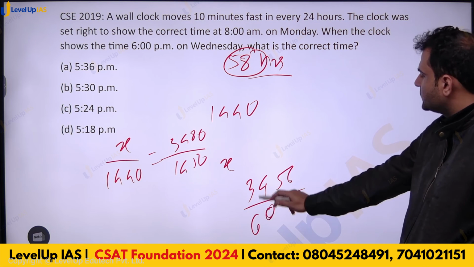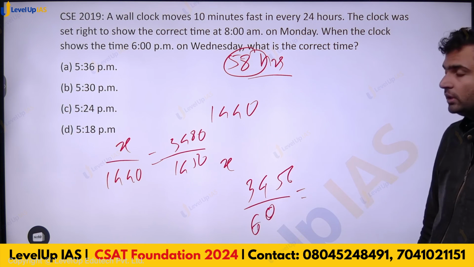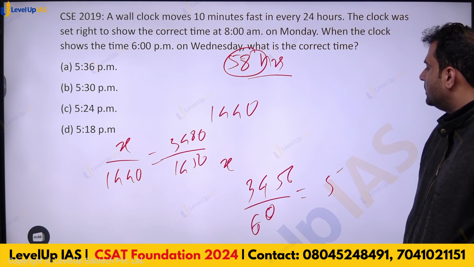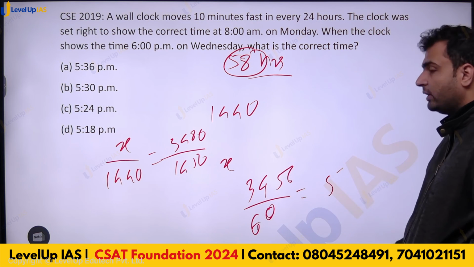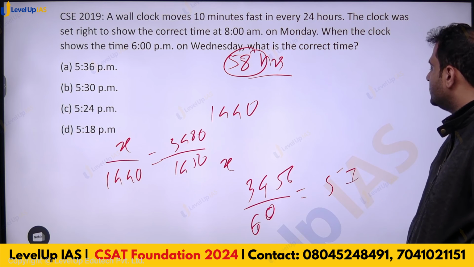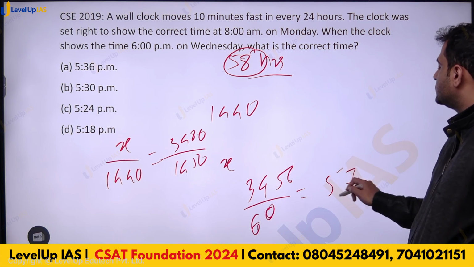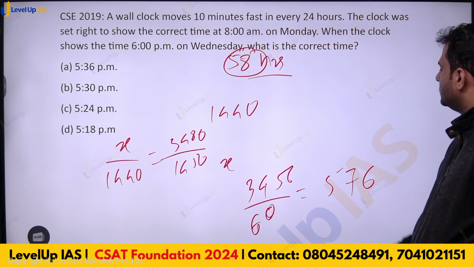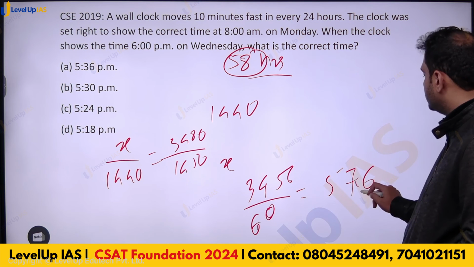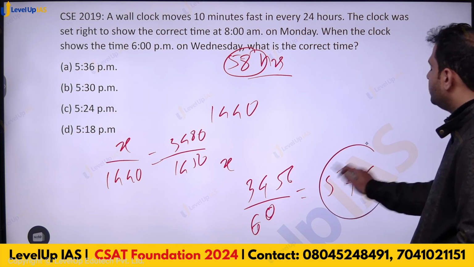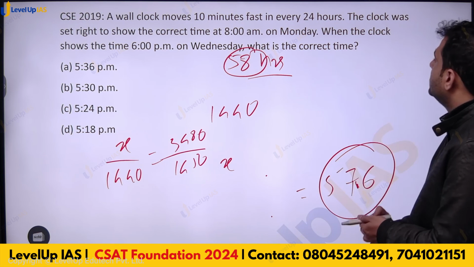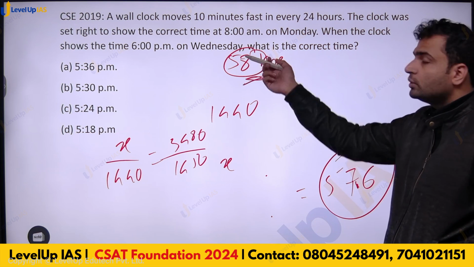So let us divide by 6 and keep the 10 as it is for now. 6 5s are 30, 6 7s are 42, 6 6s are 36, and because we are dividing by 60, it is 57.6 hours. 57.6 hours, and this faulty clock shows 58 hours.